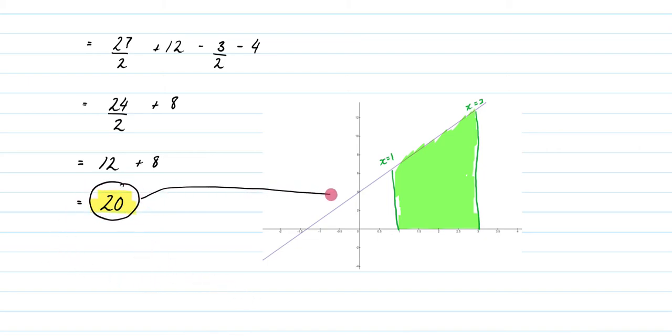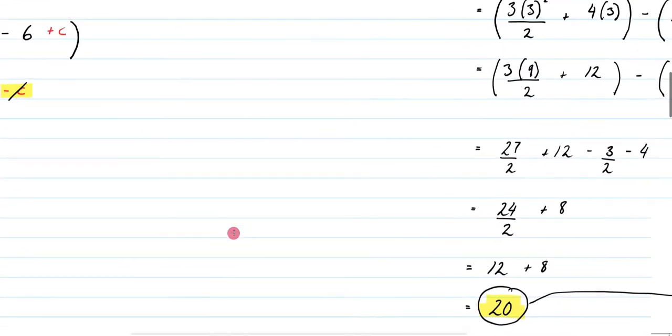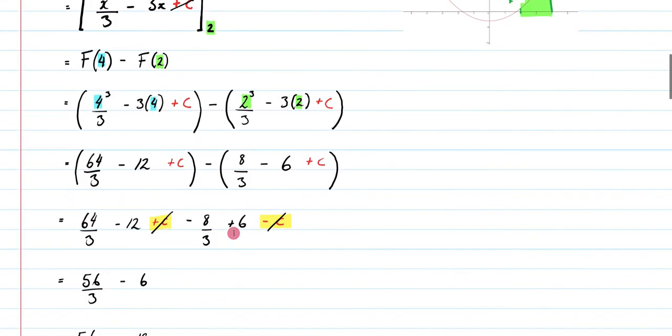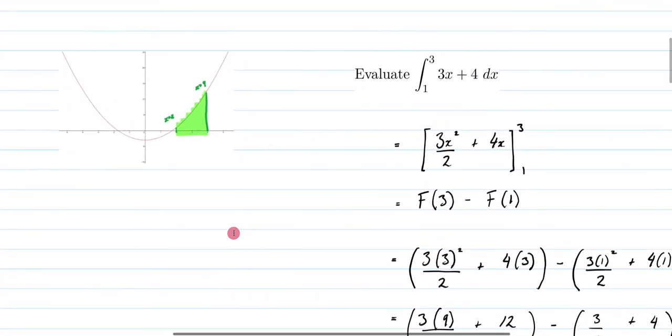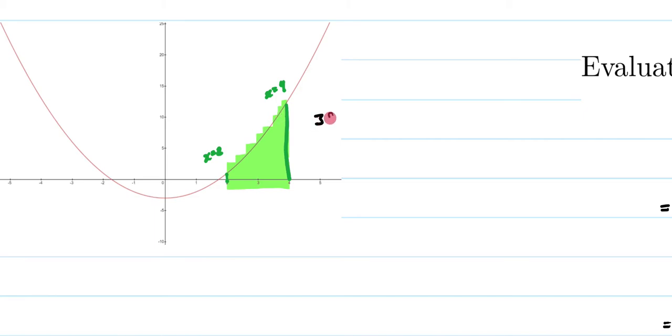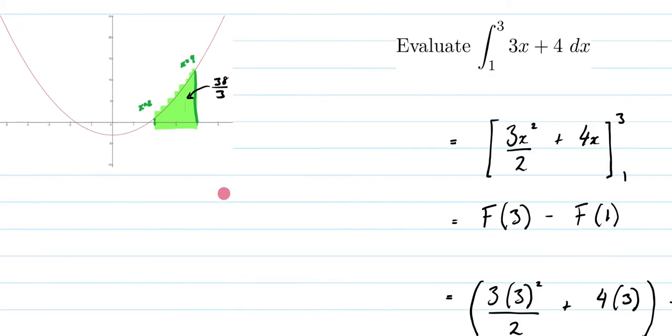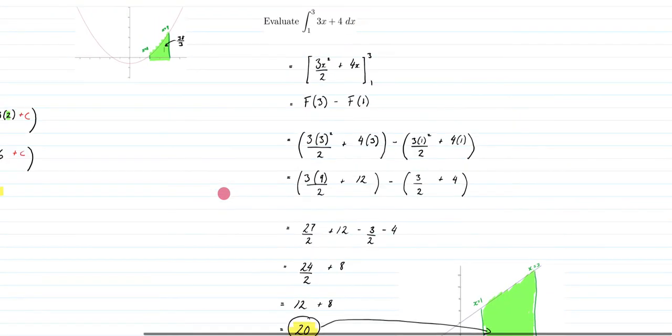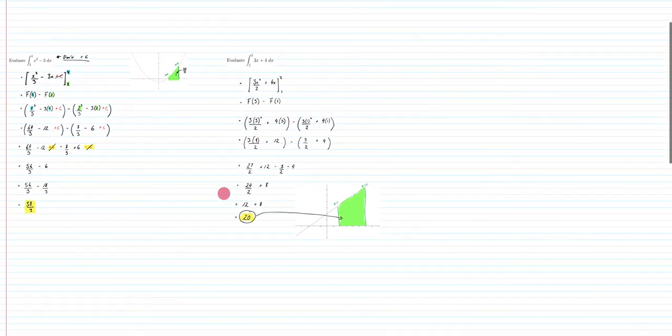That represents the area, in the same way that 38 over 3 is my area there. We don't put units on it. Okay, there you go. Phew, let's keep on going.